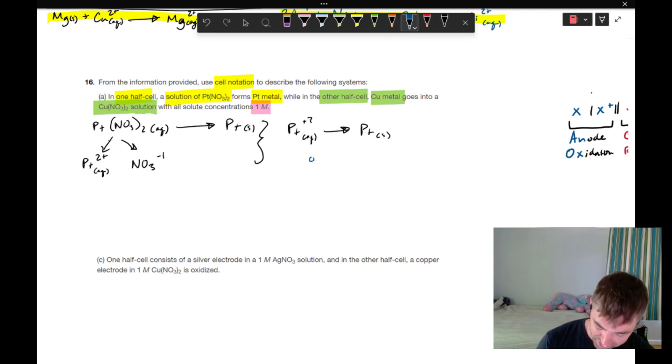We're gaining electrons, oxidation, excuse me. Oxidation is loss.